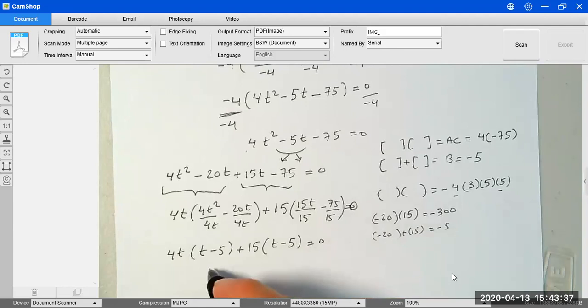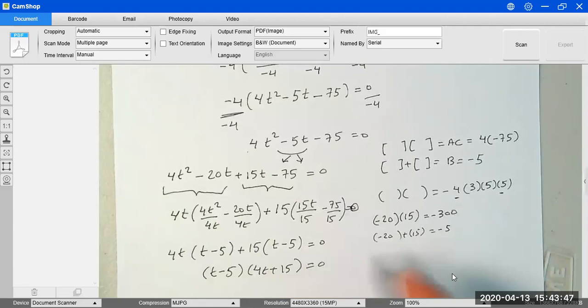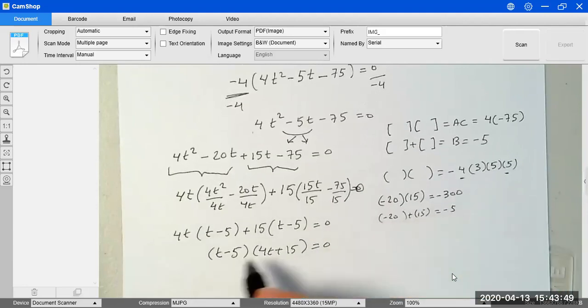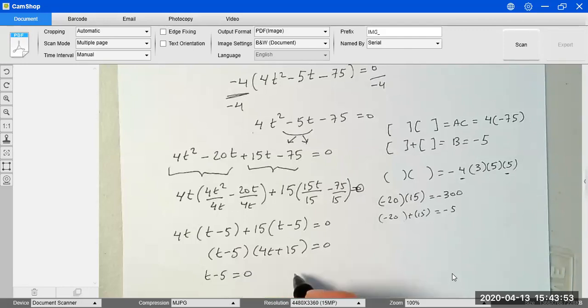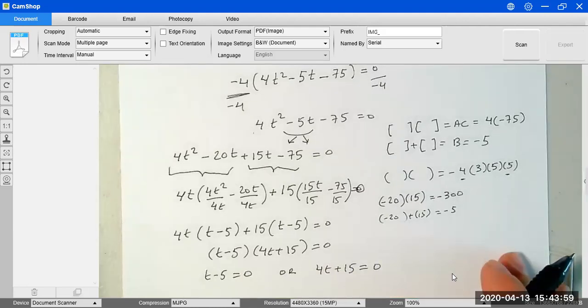So my common binomial is t minus 5, and the other binomial is going to be just 4t plus 15, and this is going to be equal to 0. So now I have two possibilities, either t minus 5 equal to 0 or 4t plus 15 equals 0.